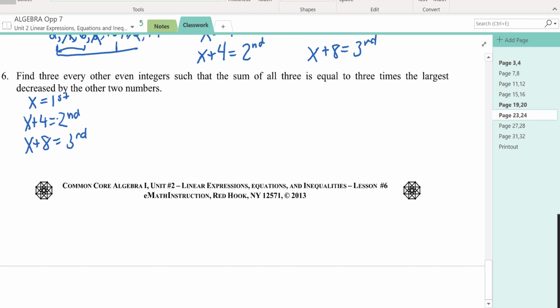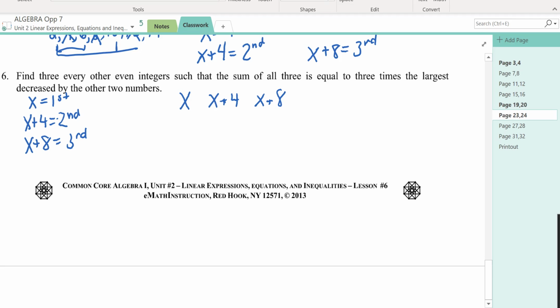And if you can translate this, you're going to be set up for almost everyone. So that the sum of all 3, those are my 3 numbers, aren't they?